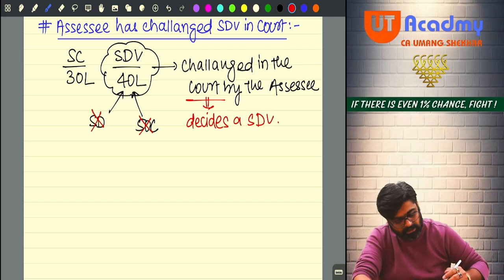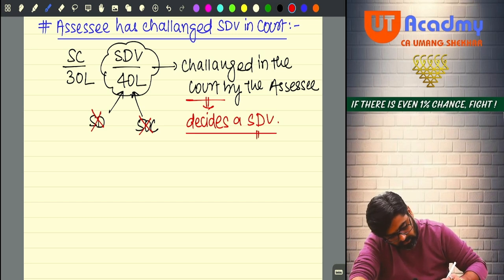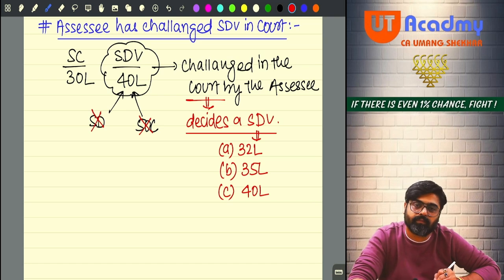So can I say the stamp duty value decided by the court can be A, 32 lakhs? Yes or no? It can be B, 35 lakhs? Yes sir. And it can be the same 40 lakhs also.